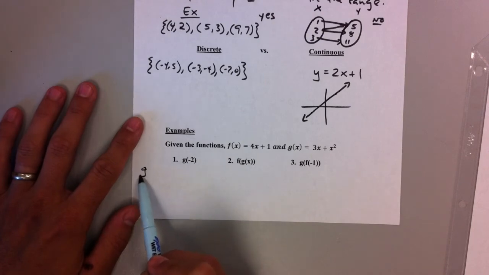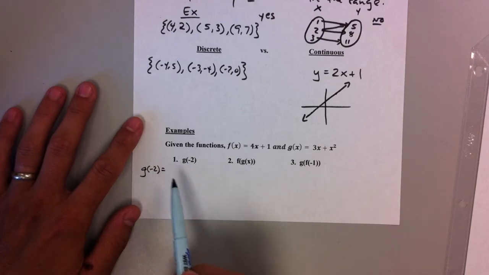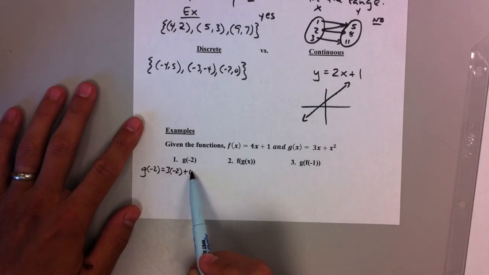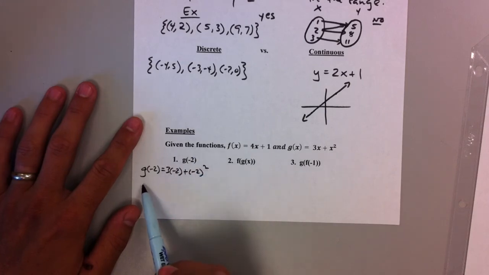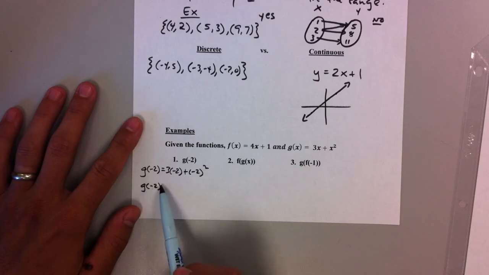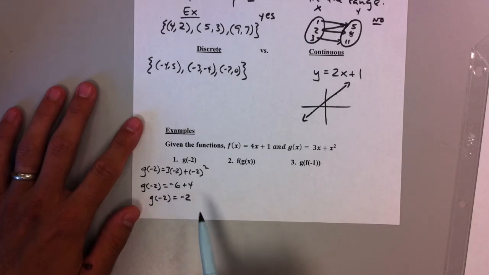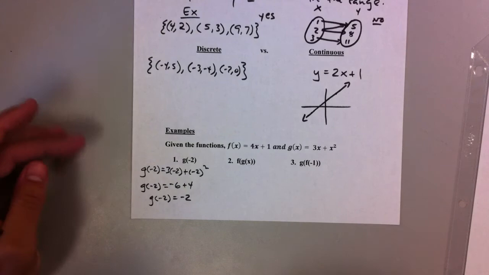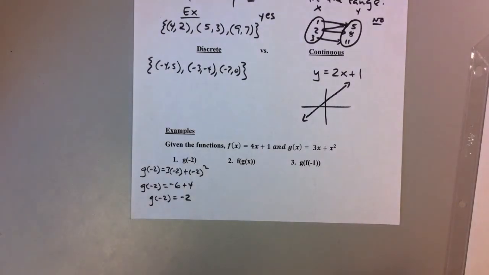So g(-2) = 3(-2) + (-2)². That's -6 + 4, so g(-2) = -2. That's it. If I were to ask you what are the coordinates, then it would be (-2, -2).